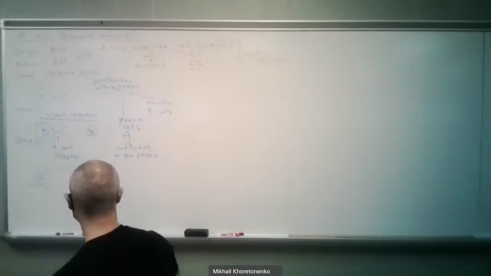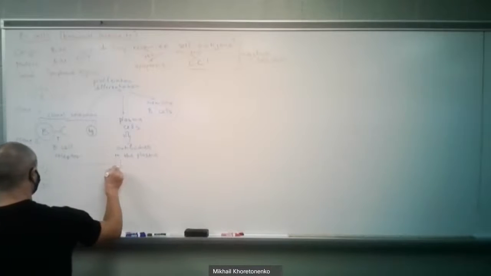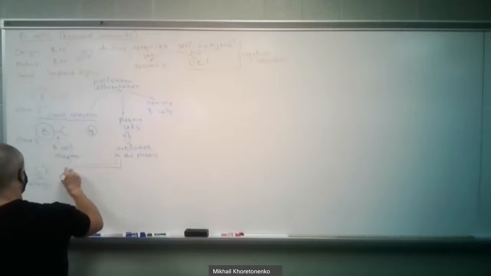Okay. Second type is immunoglobulin D, which serves as the B cell receptor.